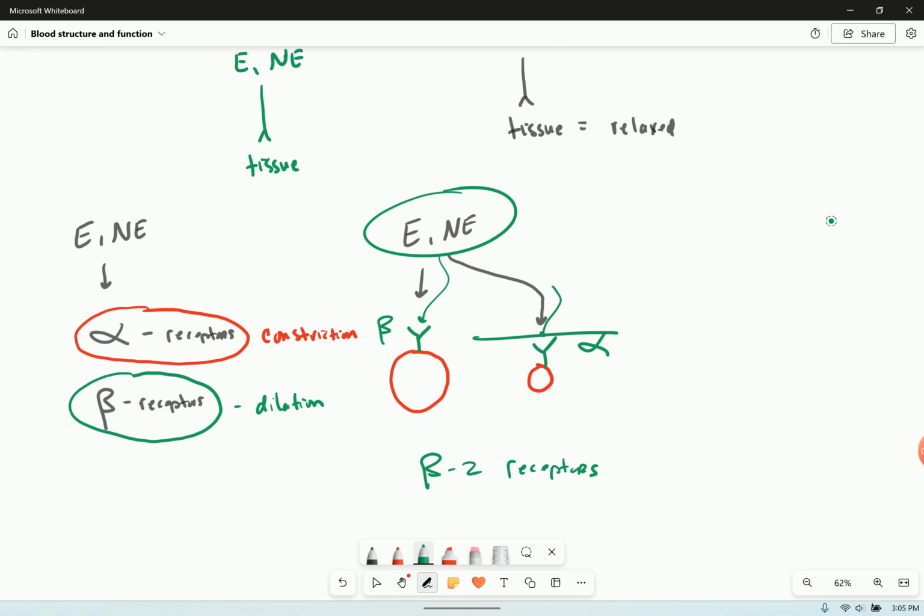When you take albuterol, which is a sympathomimetic drug, and the albuterol binds to a beta receptor, it's going to allow for bronchial dilation.